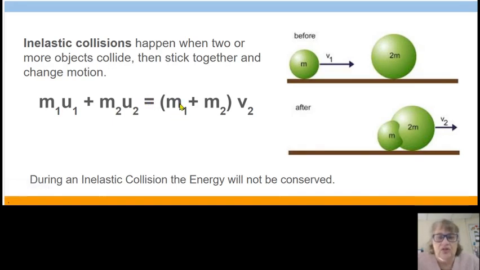That's going to equal mass 1 plus mass 2. So the two masses combine to become one mass, right? And then in the end, we have just the one velocity.